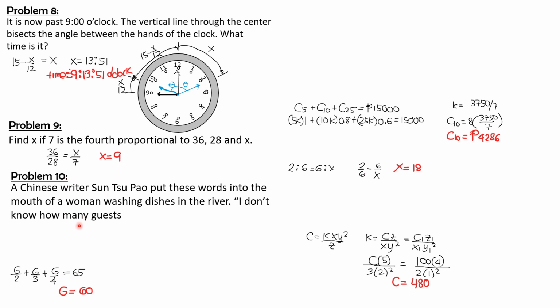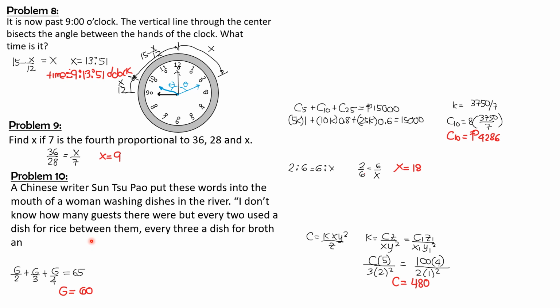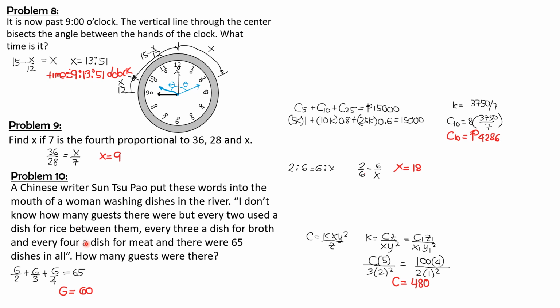I don't know how many guests there were, but every two used a dish for rice between them, every three a dish for broth, and every four a dish for meat. And there were 65 dishes in all. So how many guests were there?